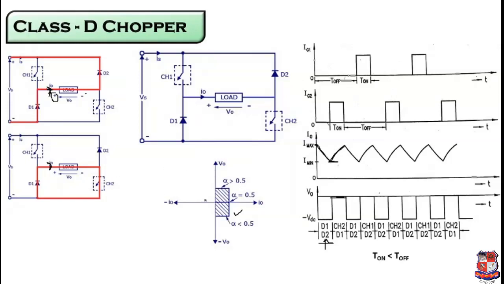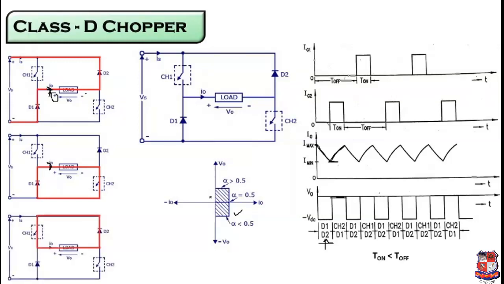After that, D1 and D2 are again turned on so that you get negative voltage. Then, to get the first quadrant operation, CH1 and D2 are turned on.